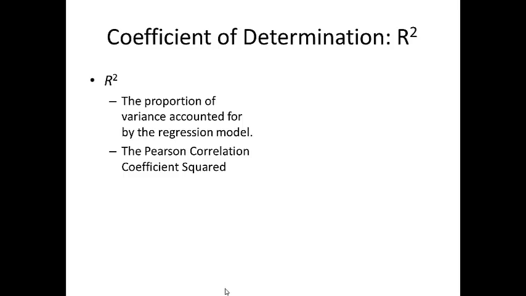SPSS will also produce for us the coefficient of determination, which we saw before. We're now going to go through an SPSS output and interpret all of these different things that the software will calculate for us in a regression. But before we do that, I need to tell you one thing. When we went over descriptive statistics, we talked about how important it would be to run those before we did any type of inferential statistics.